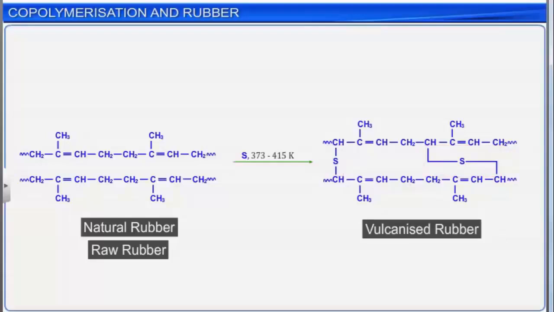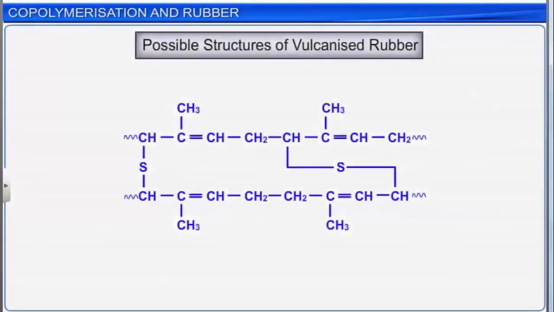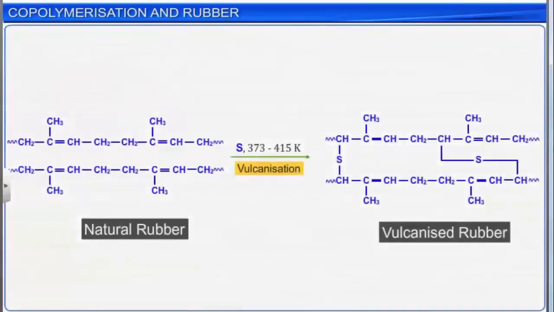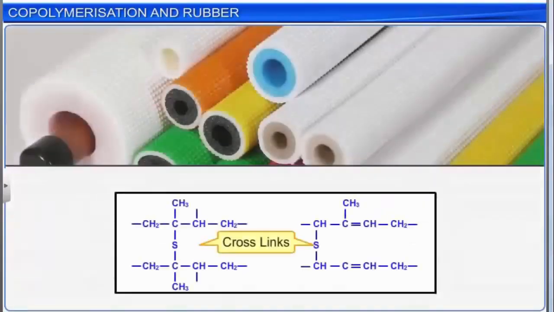Commercially, other substances called accelerators and activators are added to enhance the quality of the rubber. Let's look at the possible structures of vulcanized rubber. Notice the sulfur cross-links between the chains. The vulcanization process is generally irreversible. The cross-links help vulcanized rubber to maintain its shape when stretched.